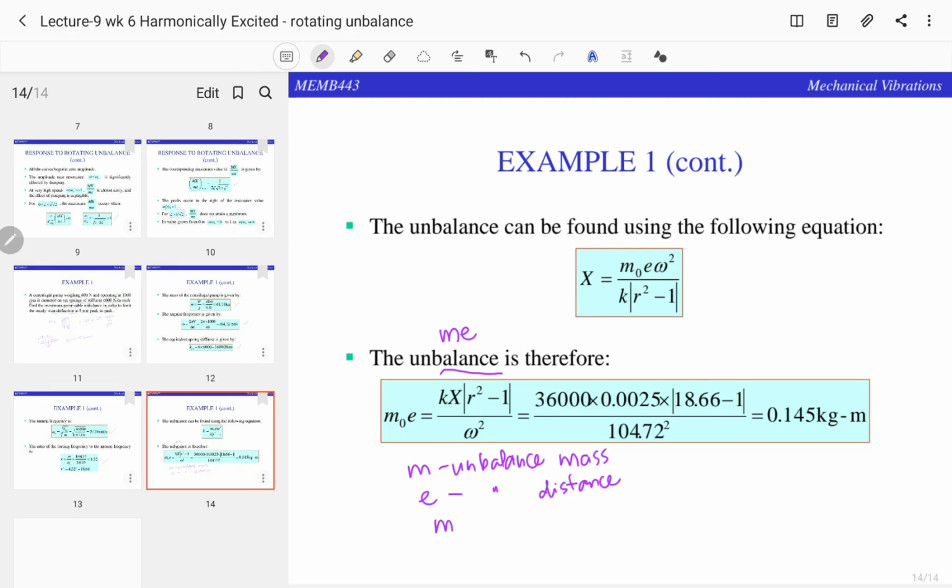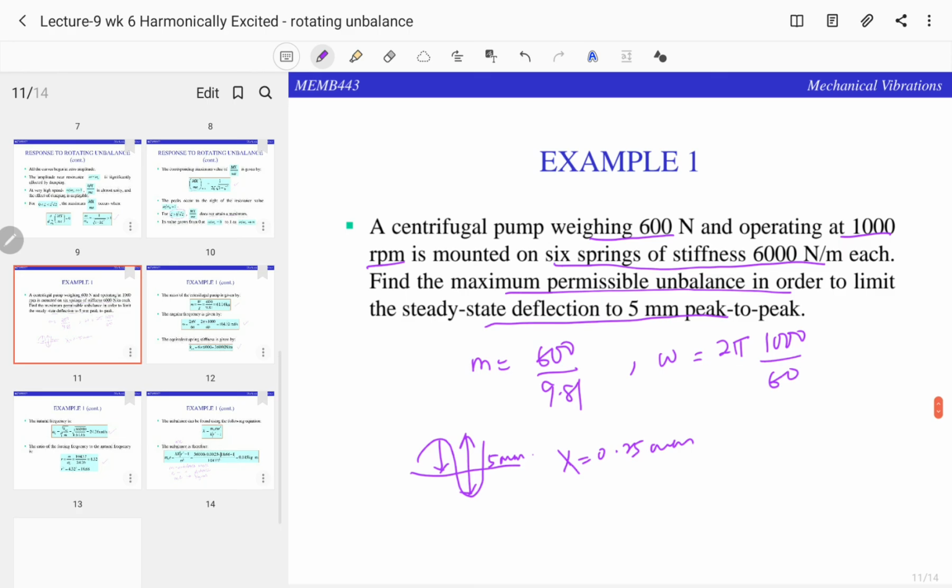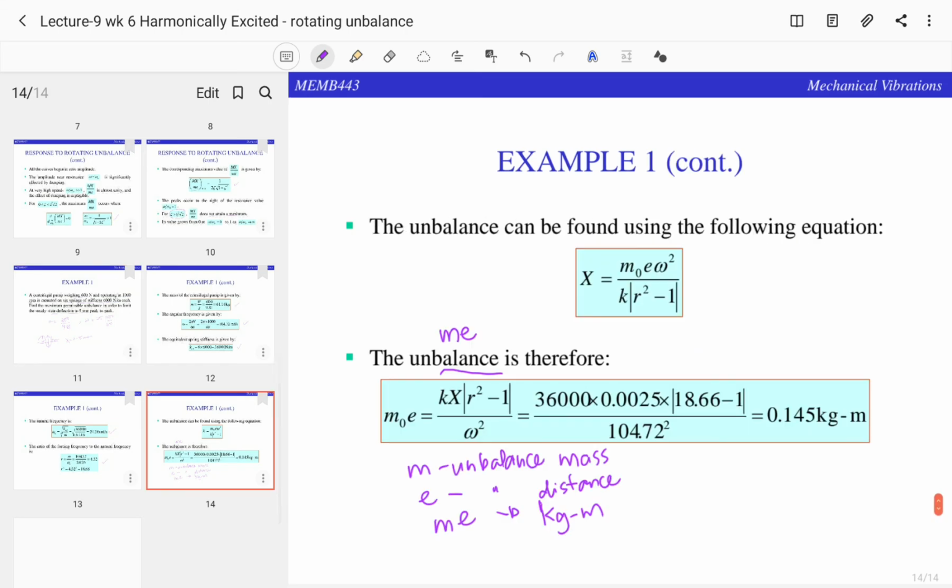So me is the multiplication of both. So the unit is kilogram meter. So make sure you know the difference. When you read the question, you have to be very careful what they want to find. So here they want to find the unbalance. So the unbalance means it's me.